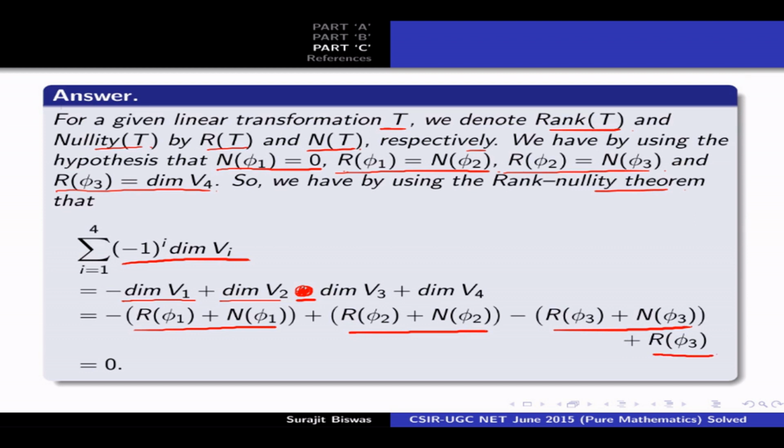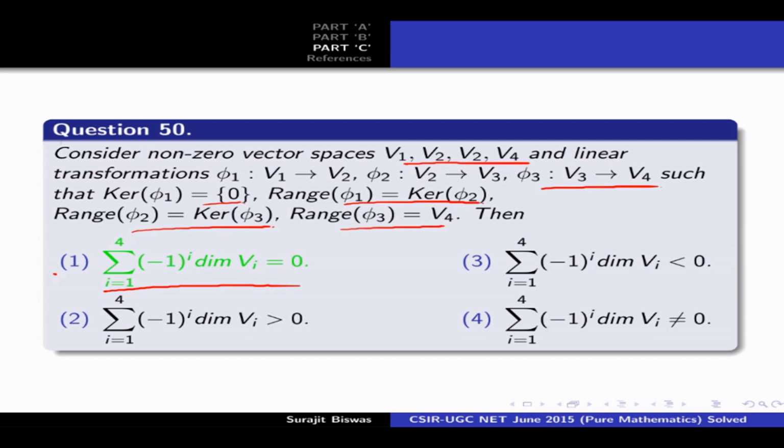And here everything cancels, because if you observe this relation, you will see that everything cancels with everything else. So therefore the total would be equal to 0. So here the correct option is option 1, and hence of course the other three will be incorrect.